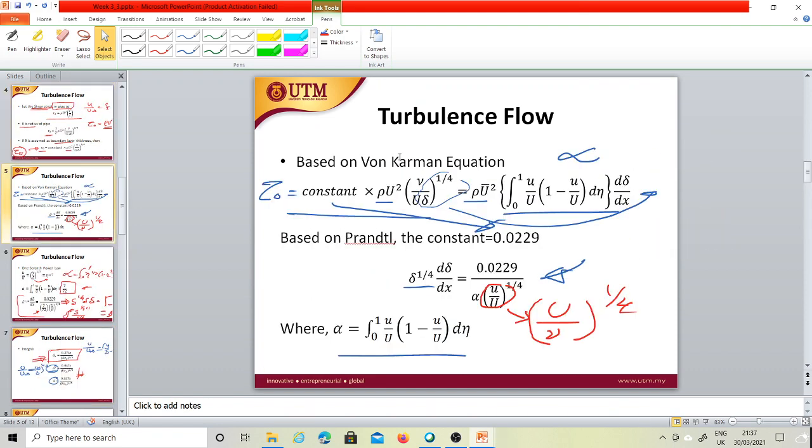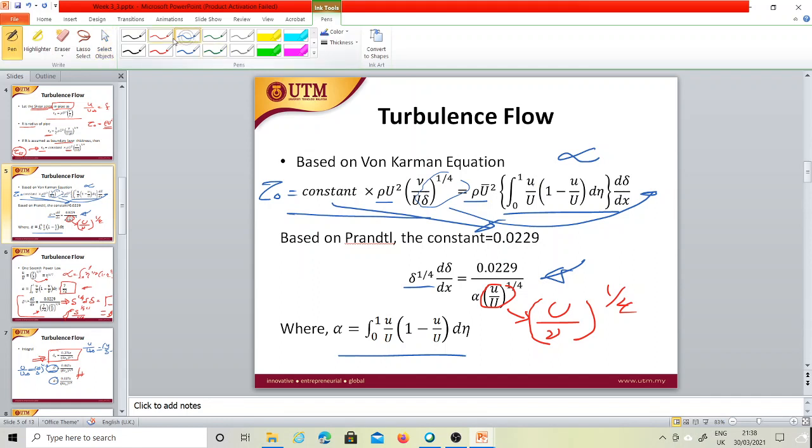If you remember, this is the wall stress expression. So tau naught will be, in this case, 0.0229, then we have rho u square, and then we have the delta part. So delta, you need to put the value of delta here.